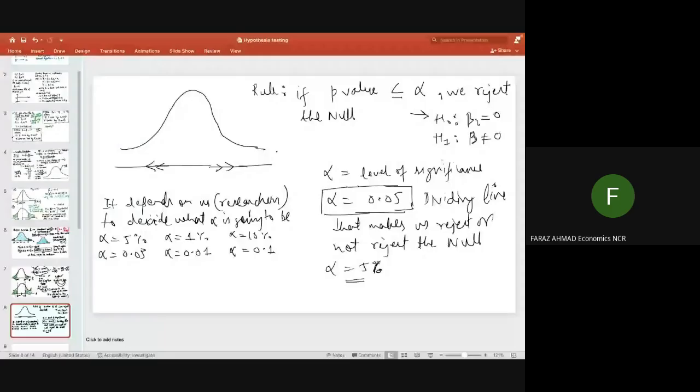So we have to locate alpha on our graph, right? So the question is, let alpha be 5%. And let us show it on the graph. What does this mean? It means that there is a line somewhere.